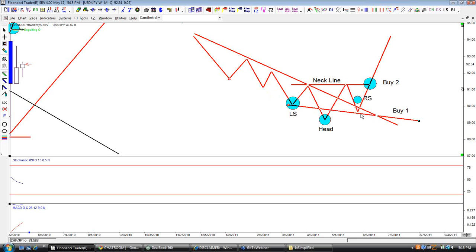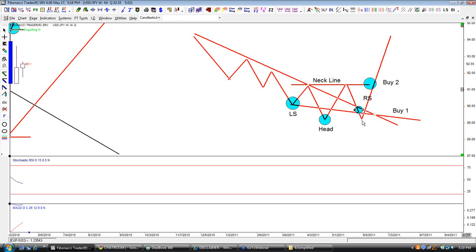I would prefer a lot better if this right shoulder actually comes all the way down to the level of the head. Now, this here is not anymore head and shoulders. This will be a double bottom. But a pattern like this will give us a lot higher probability than if the right shoulder is lower than the left shoulder. And yes, Rodney, you're right.